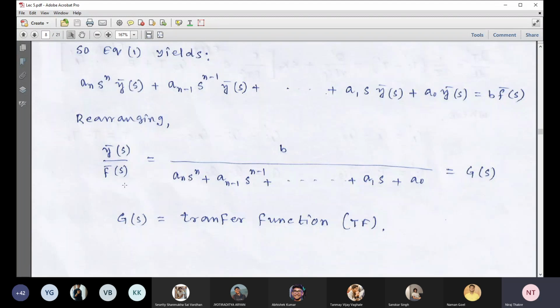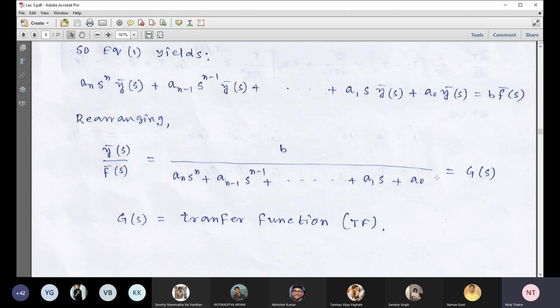Suppose f bar s is given as 1 by s. So what will be y bar s? This G s multiplied by 1 by s. Then you take the inverse Laplace transform to find y t, and you will get the expression for y t. I repeat, this transfer function will be given to you, and suppose you are asked to find y in time domain against a unit step change. That means f bar s is 1 by s.